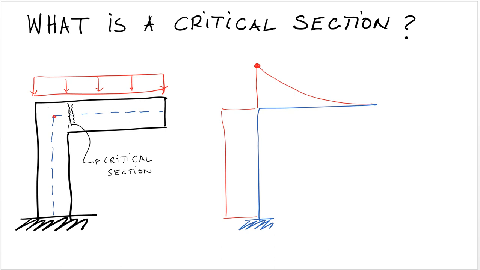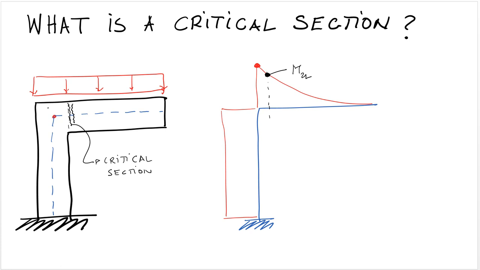And so when we look at the bending moment, if the face of the column is right here, this is the critical section, and we're going to design for this moment. This is important because this moment here is going to be our MU, and it's going to be a little less than this value here at the joint. And so that will allow us to design a slightly more economical section.